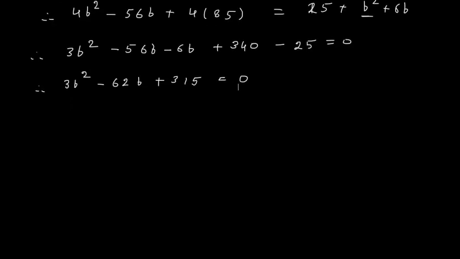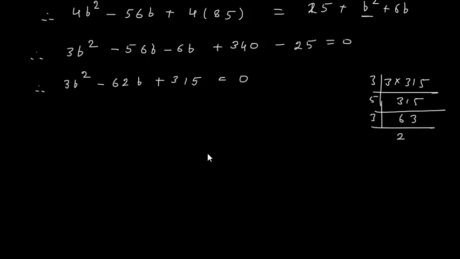I have to find the factors of 3 into 315. Let us first divide 315 by 3, then by 5, then by 3, then by 7. Now I have to arrange in such a way that I get 62.